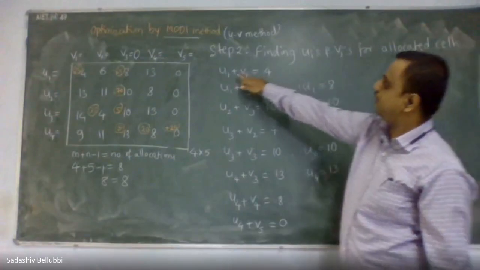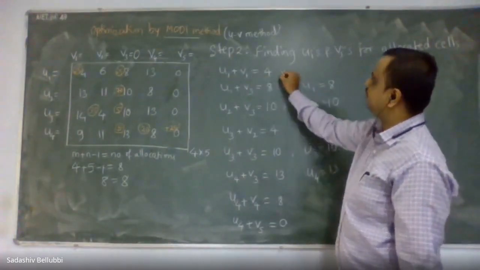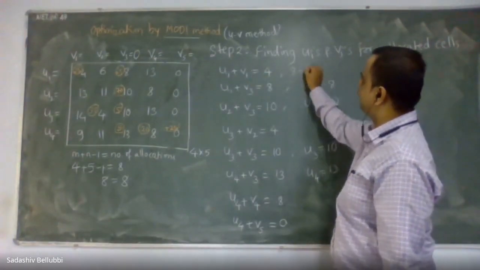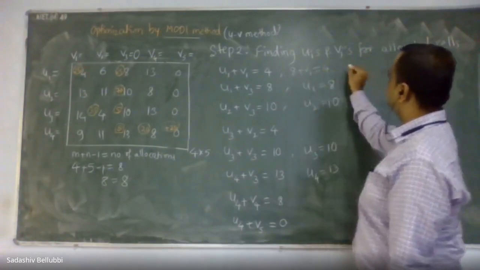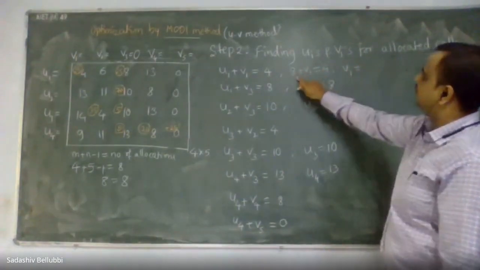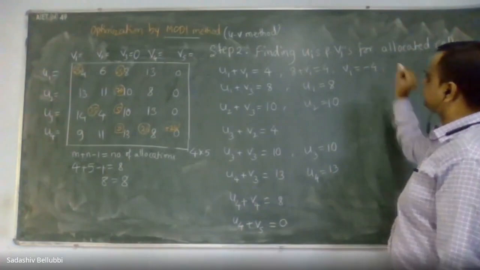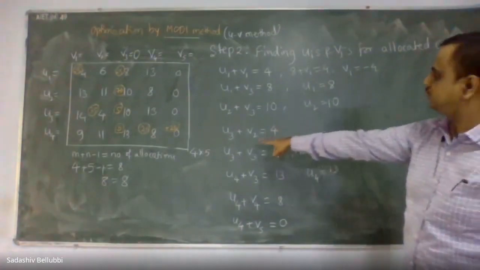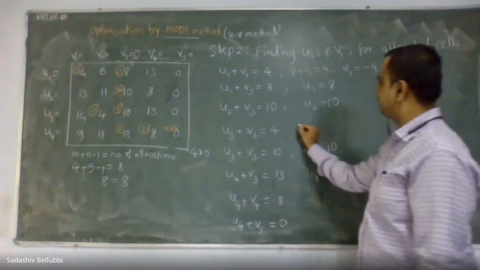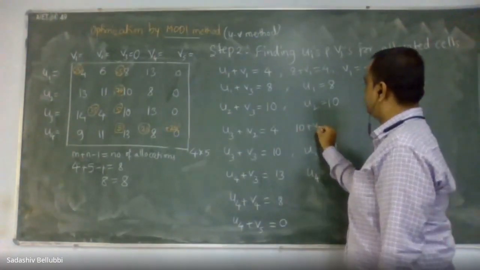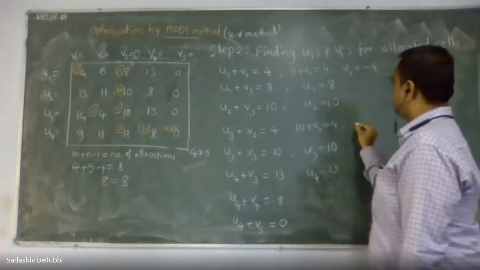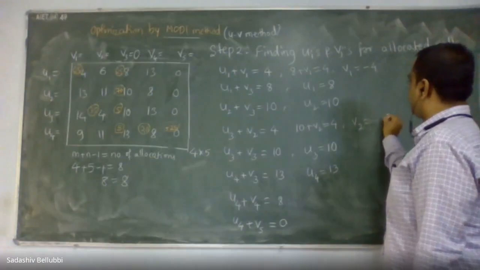Here u1 plus v1: 8 plus v1 is equal to 4, so v1 equals minus 4. Here u3 is 10, so 10 plus v2 is equal to 4, which means v2 equals minus 6.